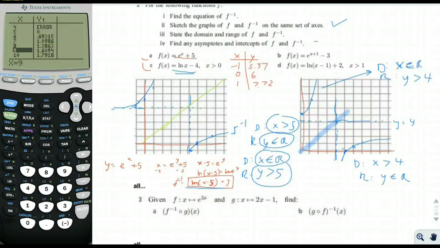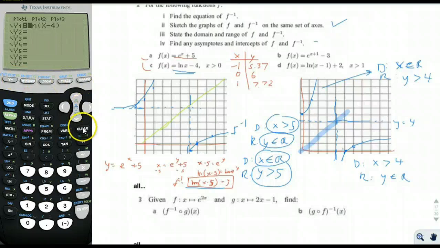Well, if we go back and find the intercepts for this one, we could use the trace function. So I'm just going to find the intercept for the a. I'm going to put e to the x, just to show you how to do that. Second, e to the x plus 5.